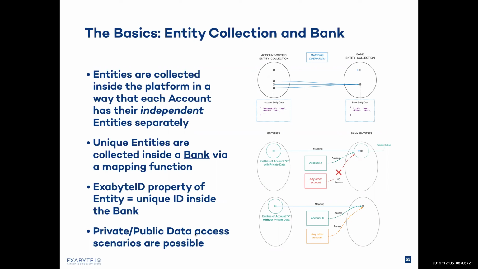And there could be private and public data access scenarios. So if an account X here has private data enabled for it, then any entity that it creates inside the bank will not be accessible to any other account.